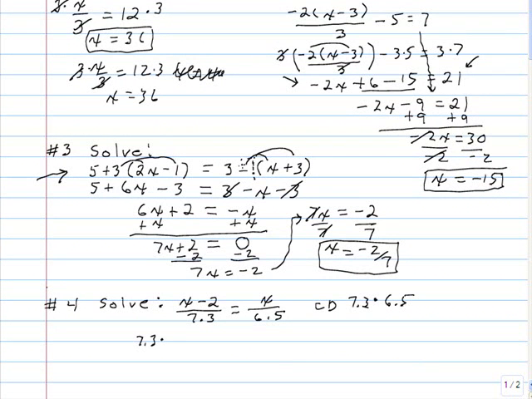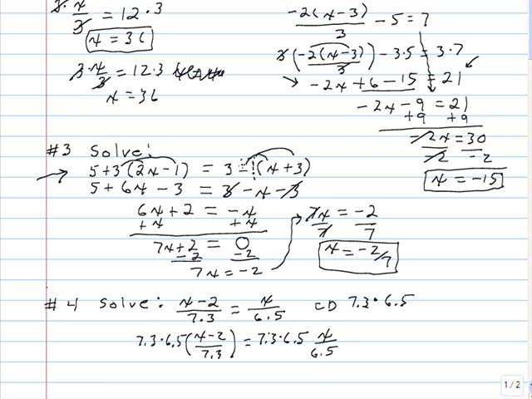So 7.3 times 6.5 times the left term, x minus 2 over 7.3, is equal to 7.3 times 6.5 times the second term. And if you'd rather put this on the right side of the second term, that's okay. Doesn't matter. Multiplication is commutative.